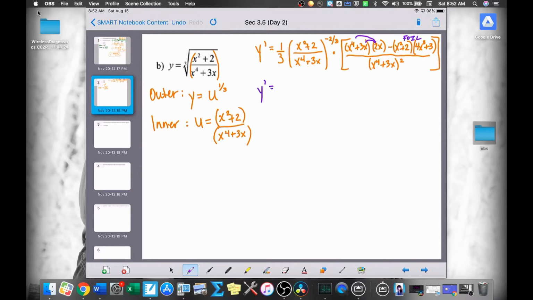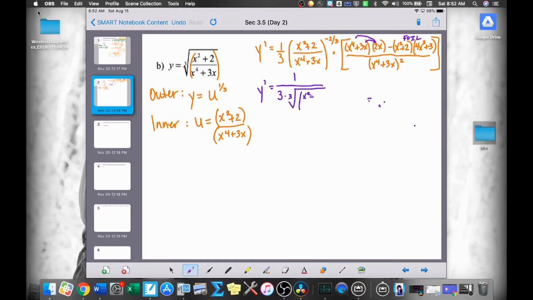So y prime is equal to, and this first part, I could certainly rewrite that with the quotient getting moved downstairs and the -2/3 exponent becoming positive. So this first part of the problem is going to become 1 over 3 times, and then 2/3 power, remember that's a cube root of that whole thing squared.